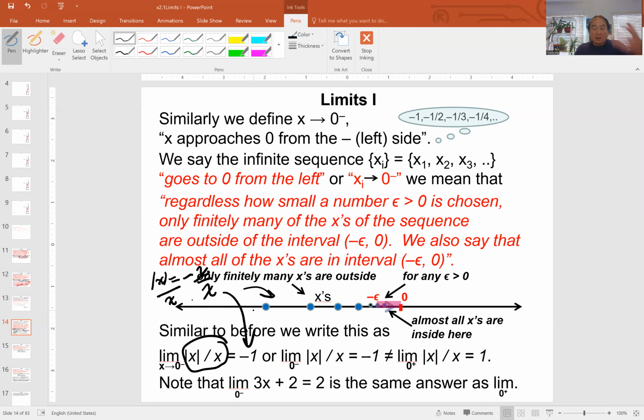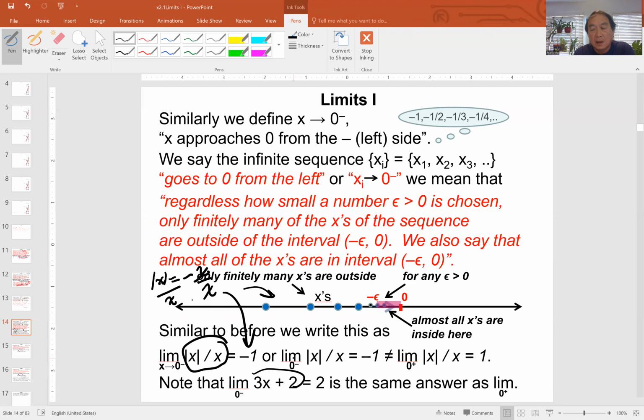So now the formula produces different answers depending on the direction x comes in towards 0. But for the formula 3x plus 2, it doesn't make a difference. At 0, you're still going to get the limit 2. You don't get a separate answer on the right hand side or left hand side, you just get the number 2 as the limit.